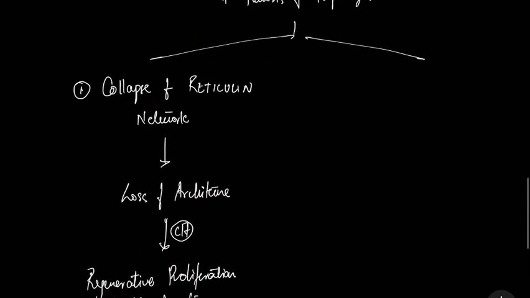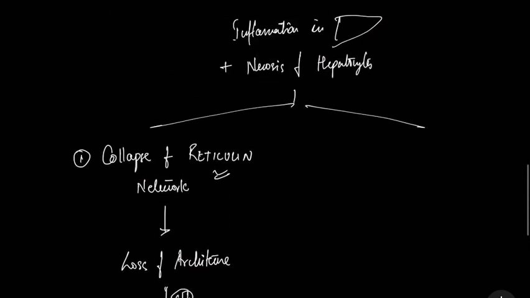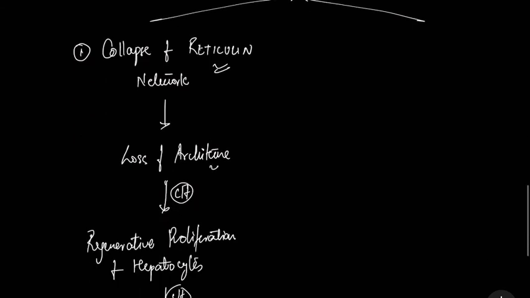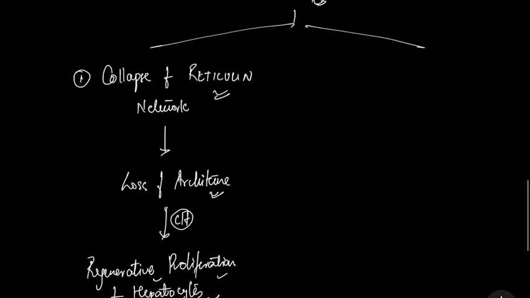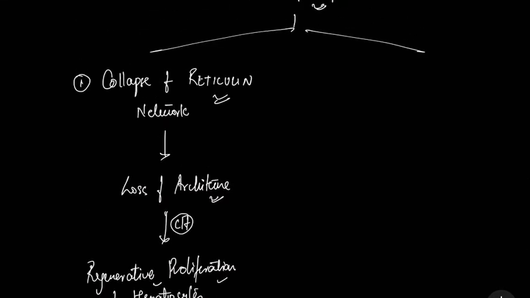So there was collapse of the reticulin network due to the inflammation and necrosis of hepatocytes. This led to the loss of architecture. And what does this lead to? Regenerative proliferation of your hepatocytes, which leads to nodule formation. So that was the first thing that was happening, the first heading.